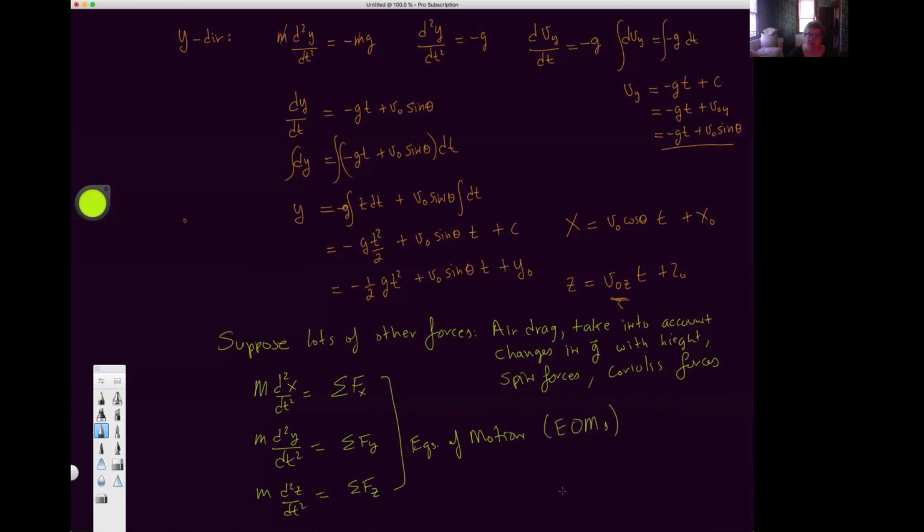Once you're there, you're done. You really are. Yes, you might have to go to a computer and crank through a numerical solution, but a lot of the heavy lifting has been done because you have the form of the differential equation to solve. You also need initial conditions, but those depend on the problem that you're doing.